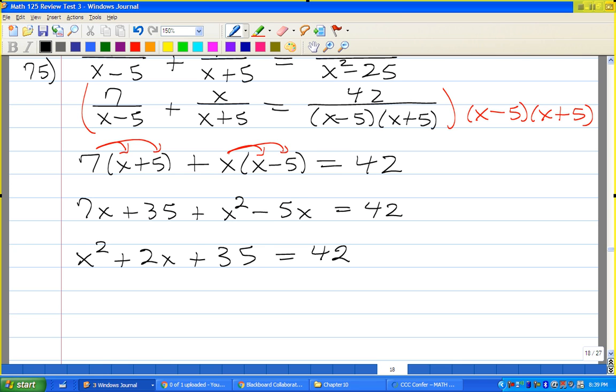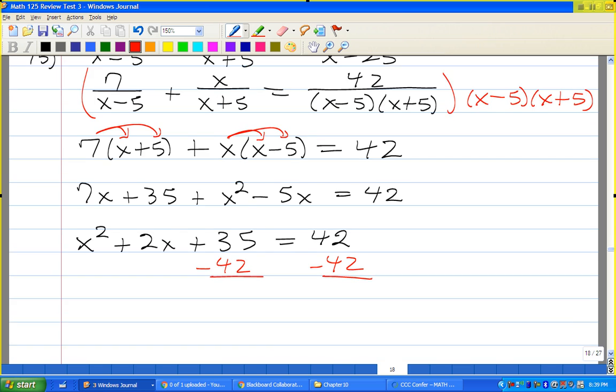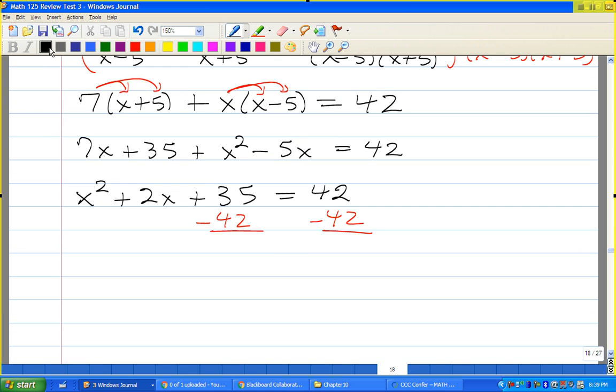Okay, so let me subtract 42 from both sides. So I have x squared plus 2x minus 7 equals 0.